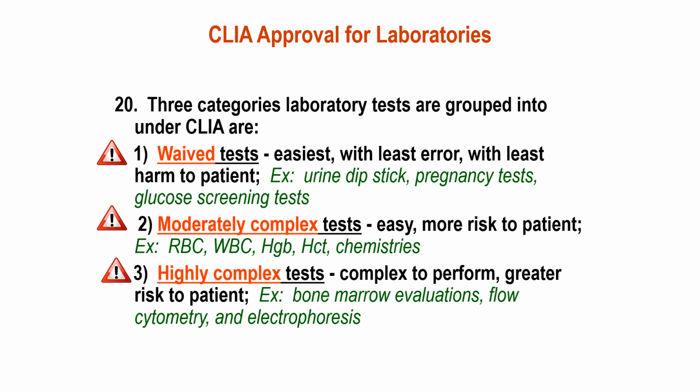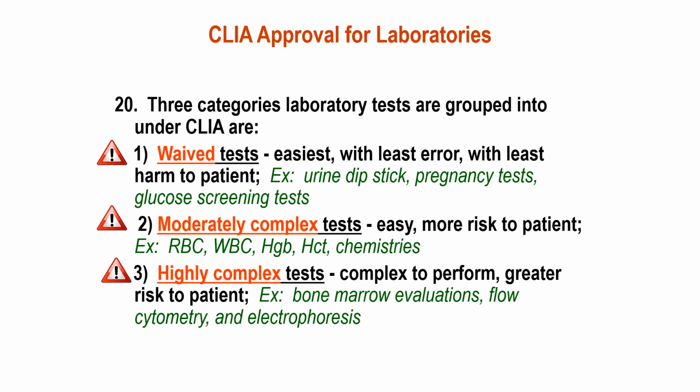Waived tests are the easiest to do with the least amount of errors possible when doing them, with the least harm to the patient if something went wrong. Some examples of waived tests are urine dipstick, pregnancy test, and glucose screening test.